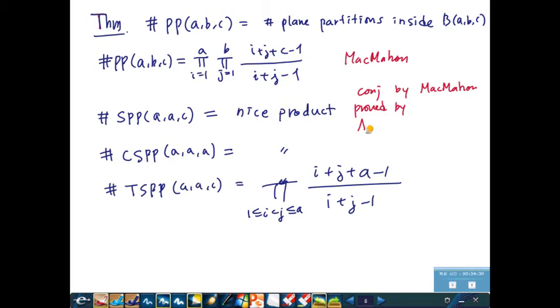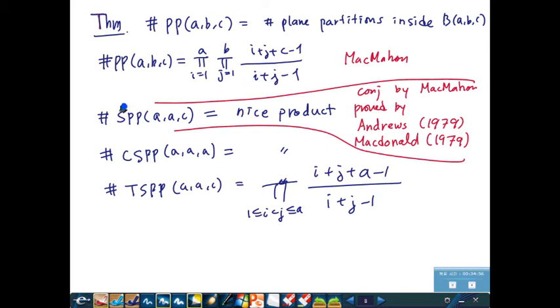George Andrews, a very famous number theorist, especially in partitions, 1979. And MacDonald, also a very famous mathematician in symmetric functions.